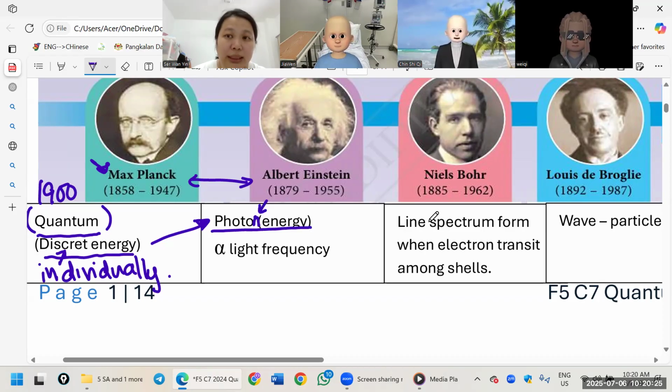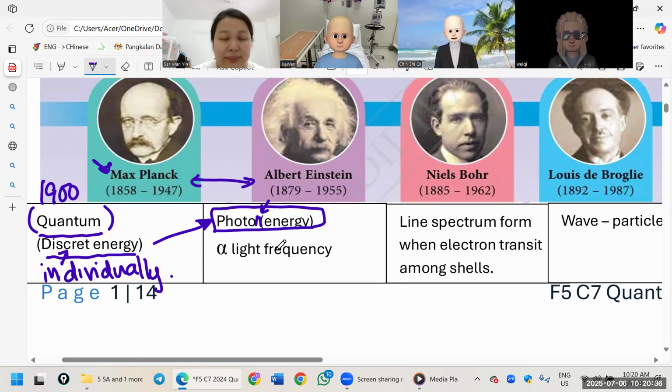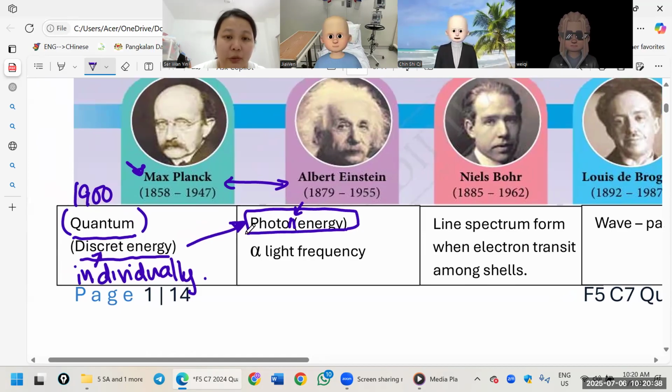So later I will create a quick quiz. Got this question. Those who cannot answer this means they didn't watch the video. Okay, photon energy is directly proportional to the light frequency.